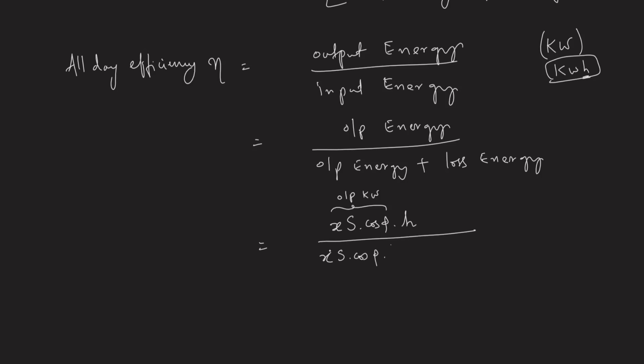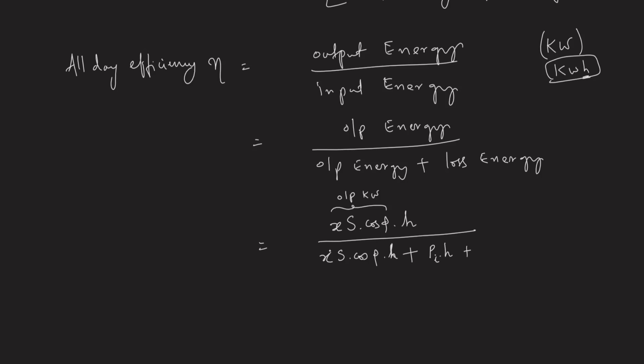plus losses. Normally we have core losses and copper losses. Core losses are constant for any loading condition. So I say this is Pi, the iron losses, multiplied by the number of hours it is operating under this loading condition, plus copper losses.